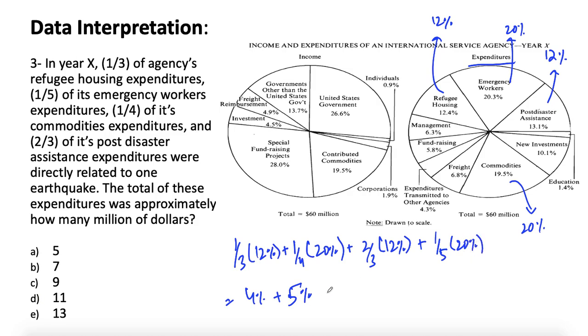So this is 5% plus 3 into 4, 8%, and plus 4%. So this will be around 21%.